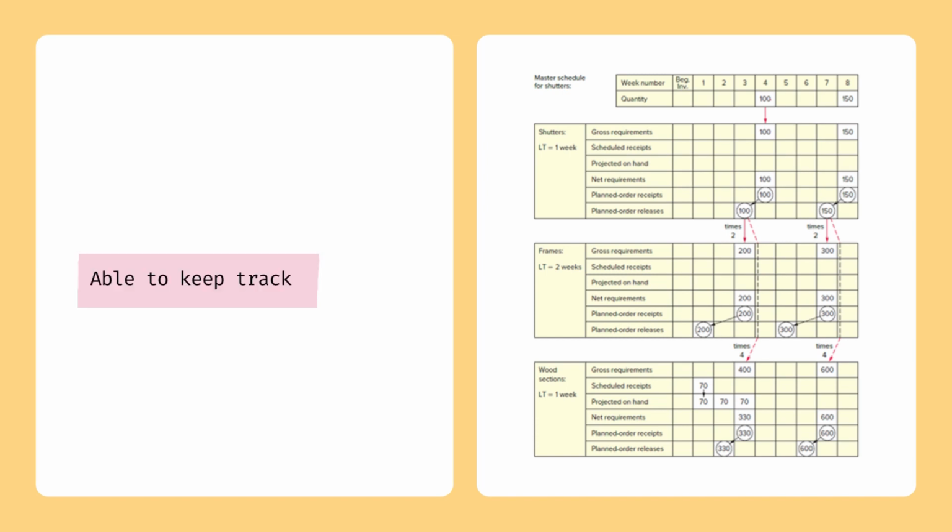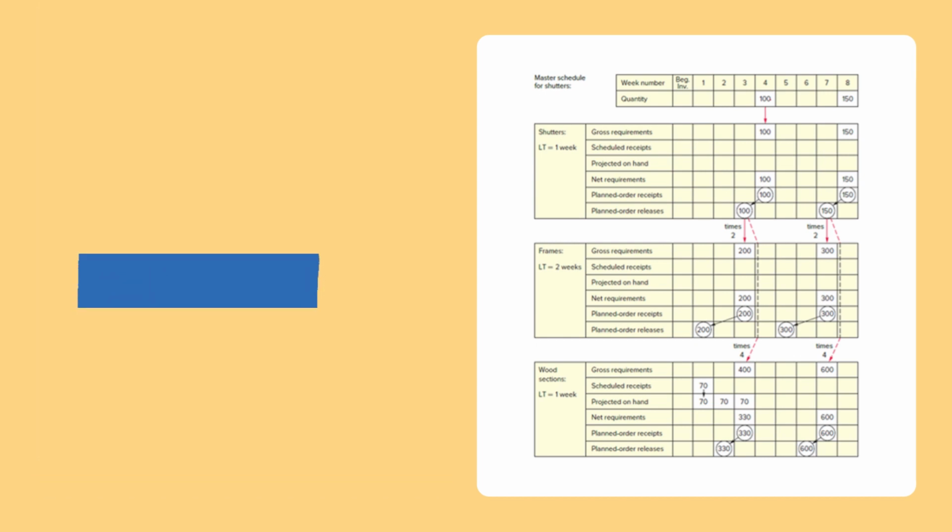Like what we can see from here, we are able to keep track of the number of items we have in hand and when we should order, so that it will match the time. In this case, we are able to reduce our inventory costs and so on.